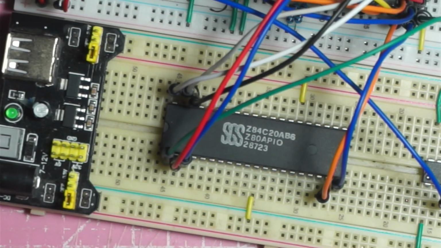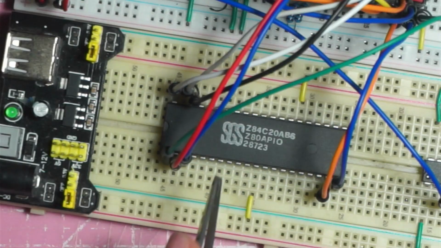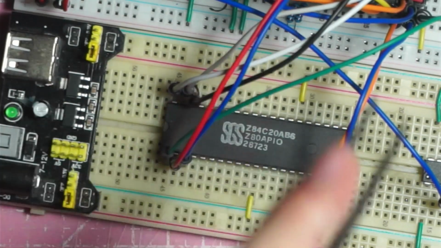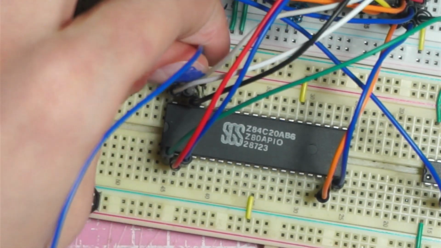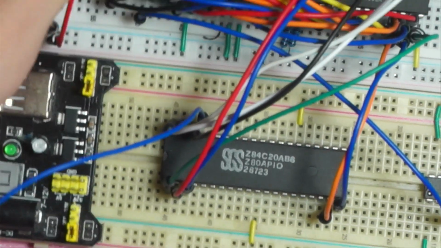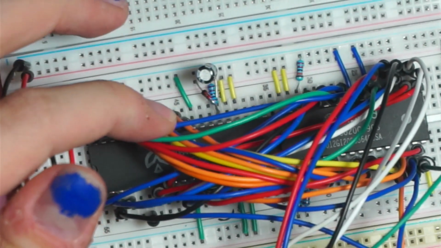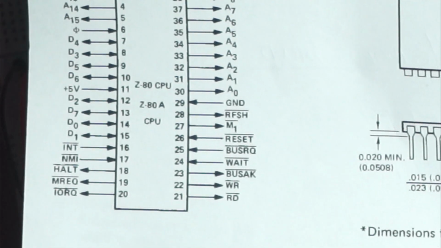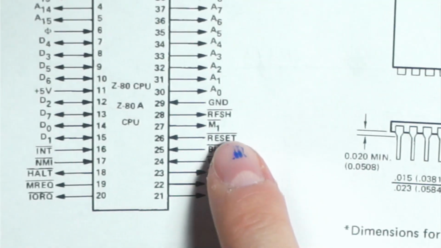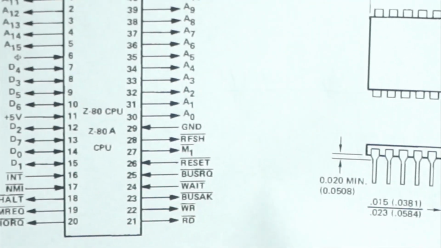Now I will wire essential signals to the PIO from the CPU, and the first signal is the M1 or machine cycle. I will get a wire, and M1 is under D5 on the PIO, and M1 on the CPU is pin 27 next to the reset.